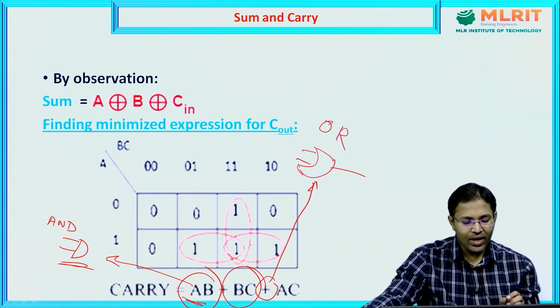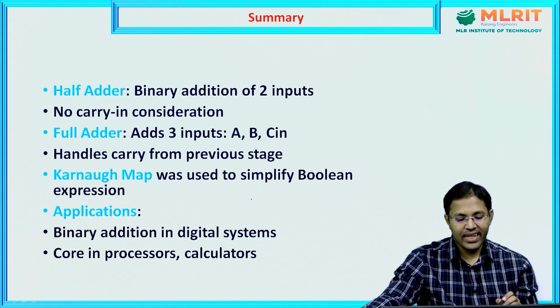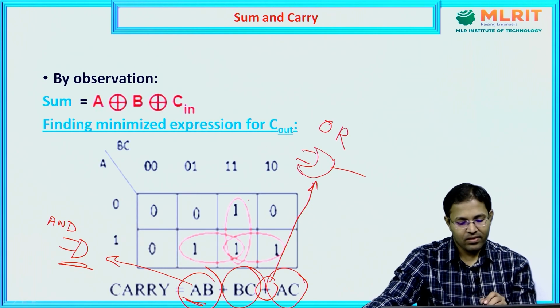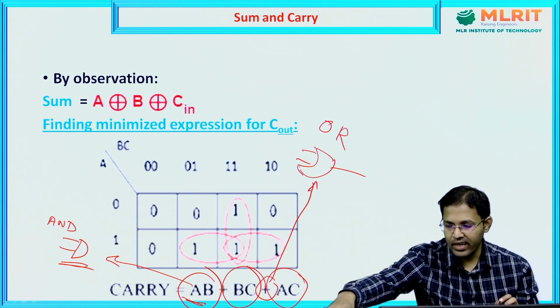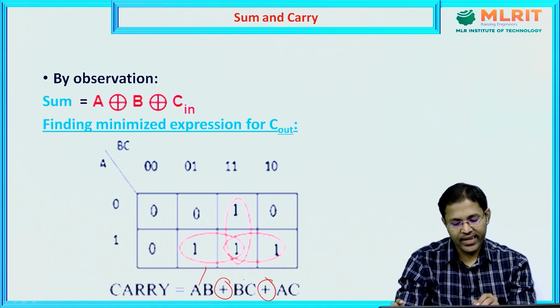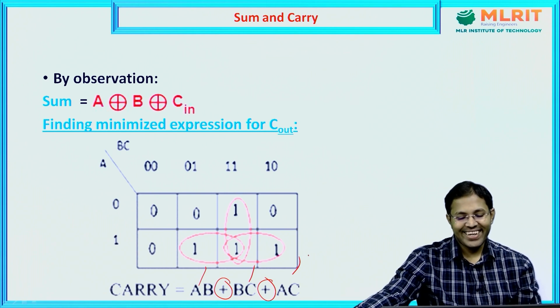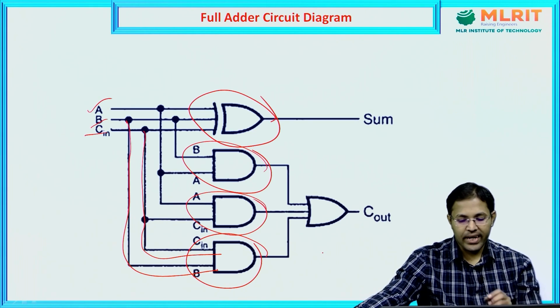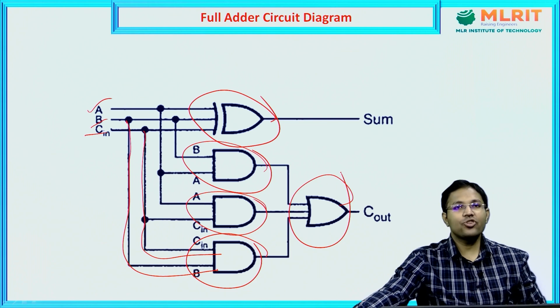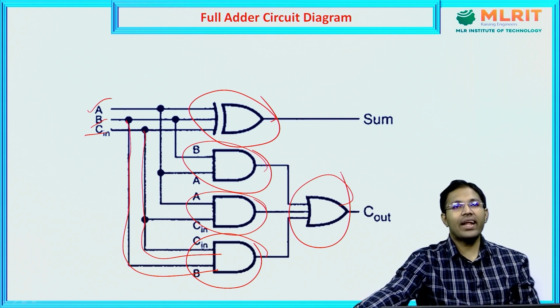Next, one more, A into C, another AND gate. And then next we have plus in between. So 3 inputs, we need to take a 3 input OR gate. Join all this together. This is the circuit for full adder.